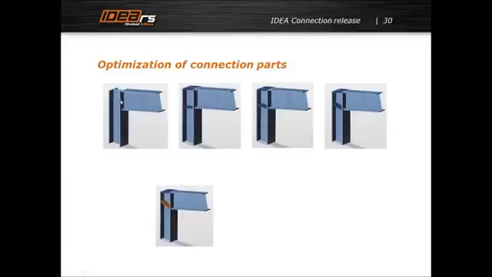Here we have a non-stiffened connection. Here we have stiffeners in the direction of flanges. Here is a perpendicular stiffener. This one is completely the same as this one, but in the opposite direction, and here we have a more inclined stiffener. And when we calculate the limit capacity of these connections, you really see how big is the influence of the position of the stiffener.